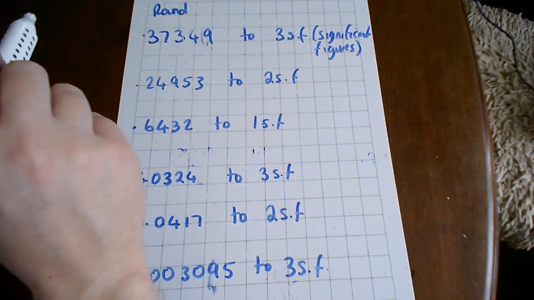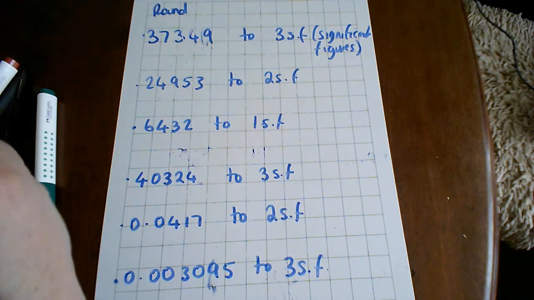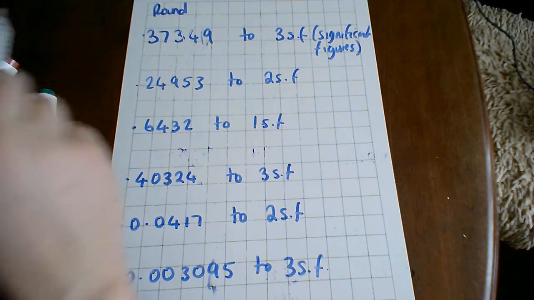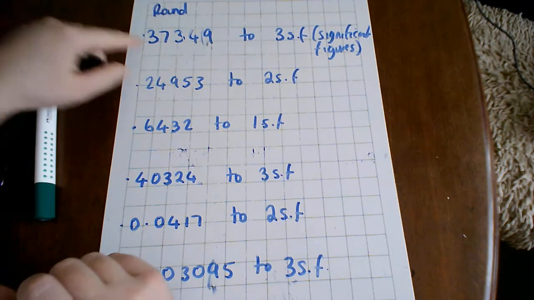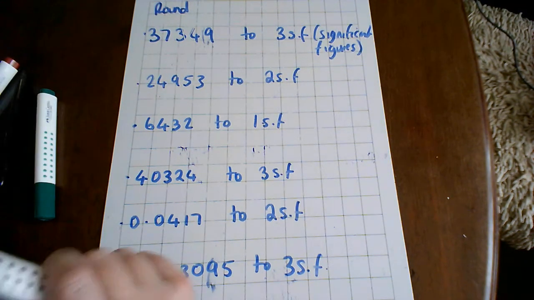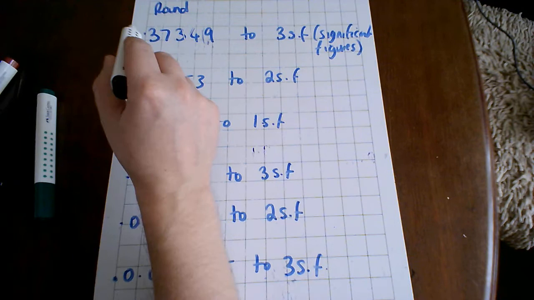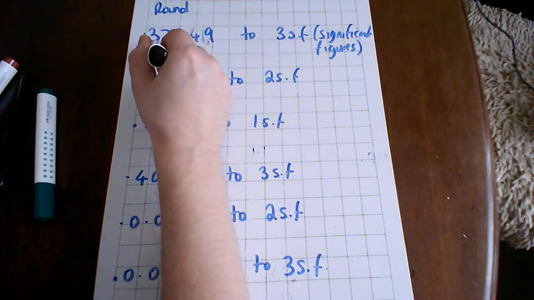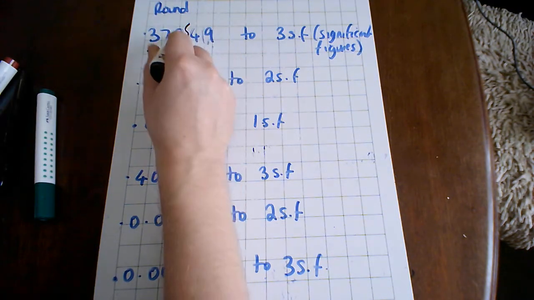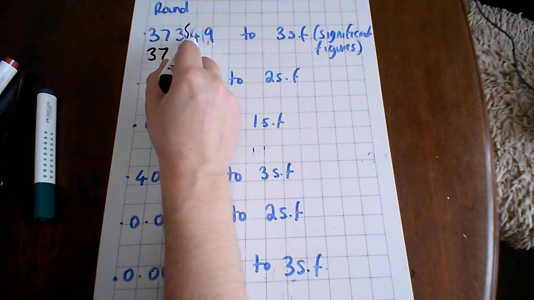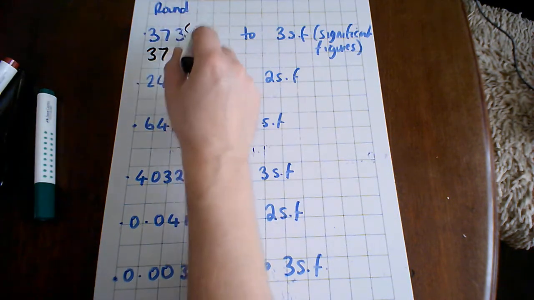So round these to 3 significant figures. Significant figures just means the first 3 non-zero numbers. So your first significant figure is the first non-zero number, and then the 2 numbers after that. So the first non-zero number is obviously 3, 7, and then this is the third significant figure, and you look at this one, does it bring it up? It's the same rules as decimals, bring it up or keep it the same.